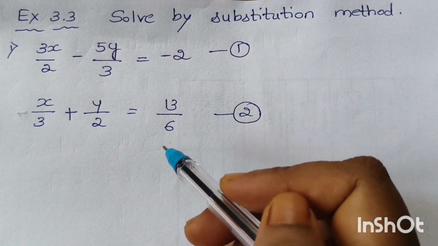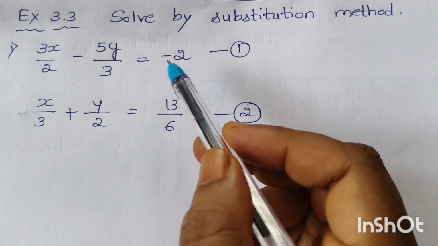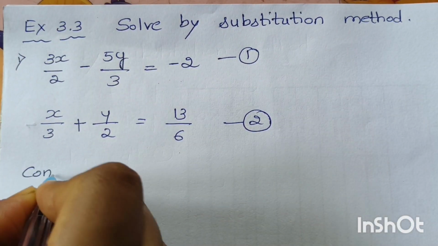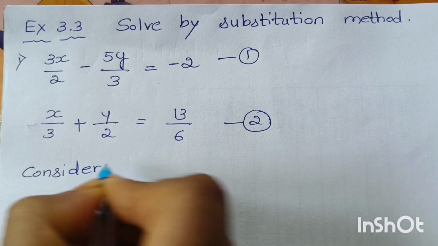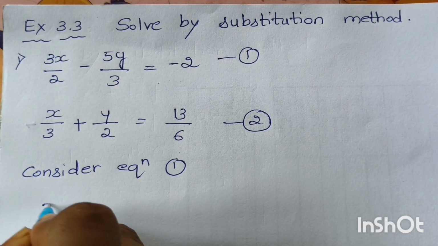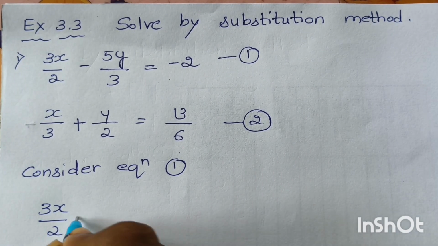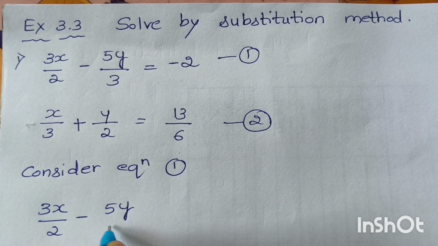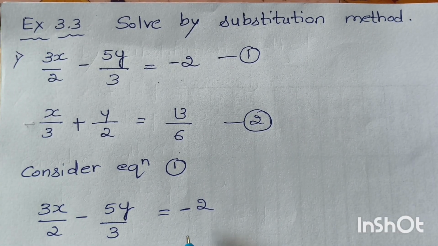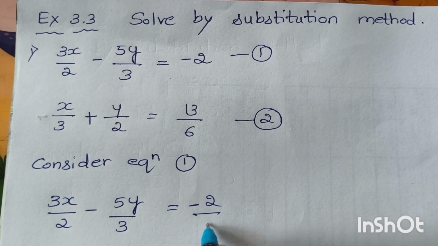Now to solve this by substitution method, first let us consider equation 1, that is 3x by 2 minus 5y by 3 is equal to minus 2, and nothing is in the denominator, means we can take 1.